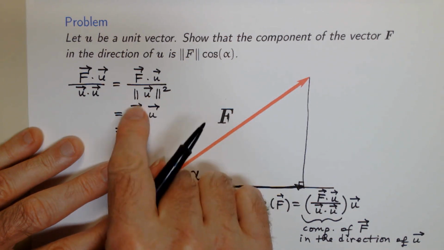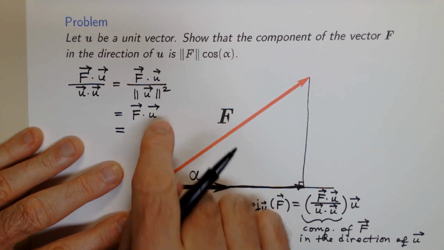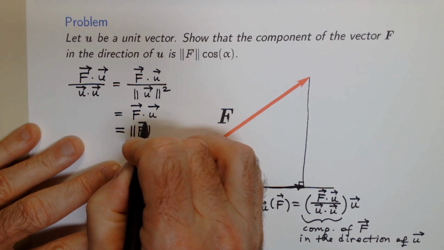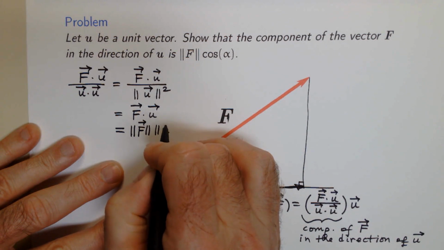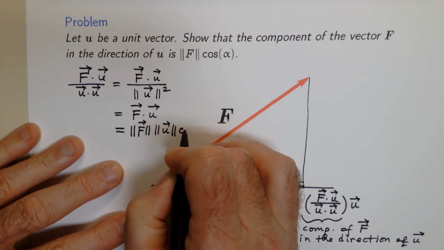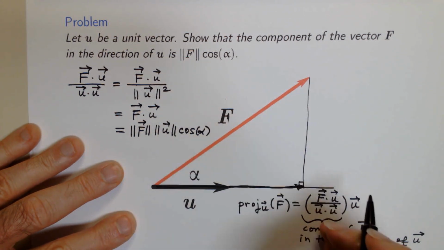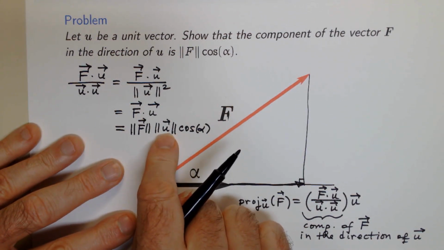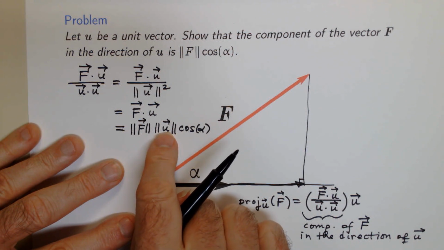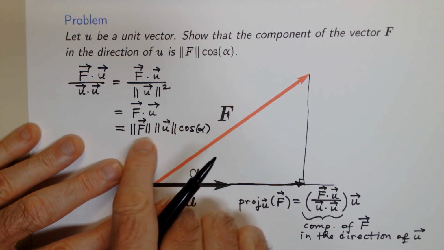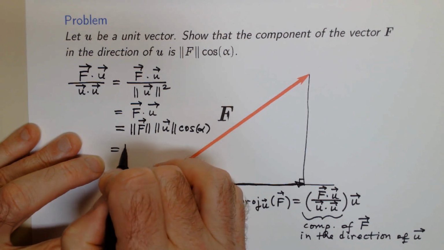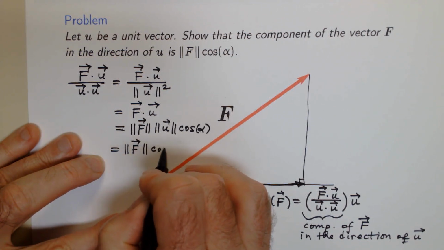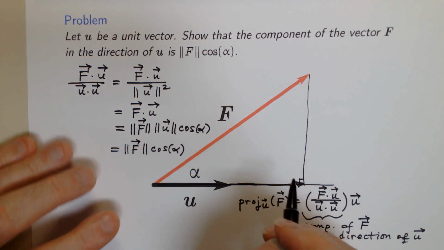We know that the dot product of f and u can be written as the length of f, the length of u, and the cosine of the angle between them. In this case, that's alpha. But once again, this is a direction vector. So this is a pure unit vector. And so we can replace this by 1 and simply write length of f times the cosine of alpha.